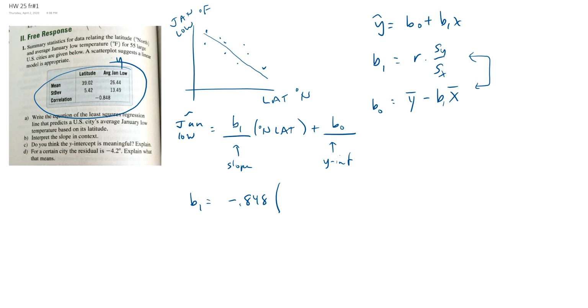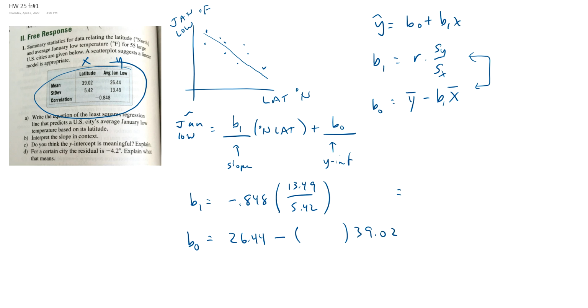Remember, these are my y's and these are my x's over here. 13.49 over 5.42. And then B0 is the y average, 26.44 minus B1, whatever that number is, times x bar, 39.02.